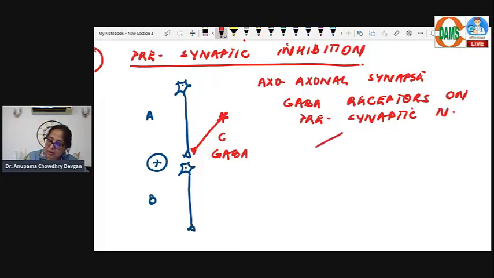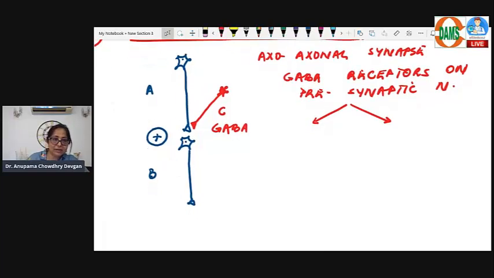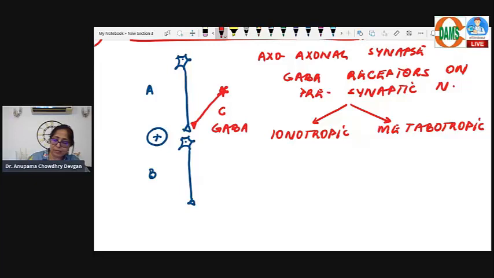And these GABA receptors are of two types. What are these two types of GABA receptors? These are ionotropic and metabotropic receptors. What are metabotropic? Metabotropic are G protein coupled receptors.